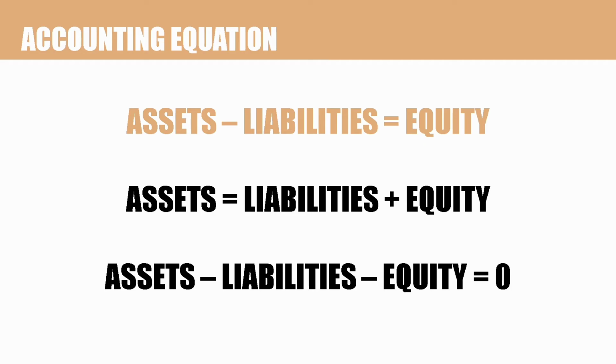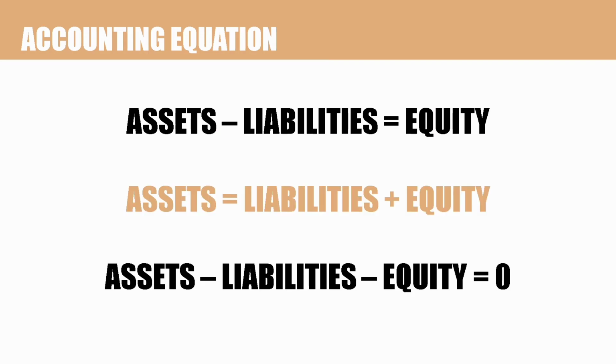Okay? So, the second form of our equation is assets is equals to liabilities plus equity. So, dito naman sa form na to, kapag pinagsama daw natin yung liabilities at yung equity, mabubuo natin yung ating assets, which is our total resources.